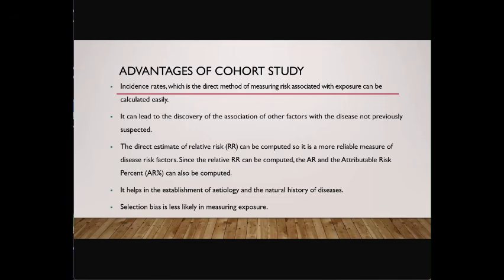So here we can observe, we can infer causation or etiology. Why? When the relative risk is very high, then we say that it is most likely the cause of that disease. Here, selection bias is also less likely because we do matching, right?